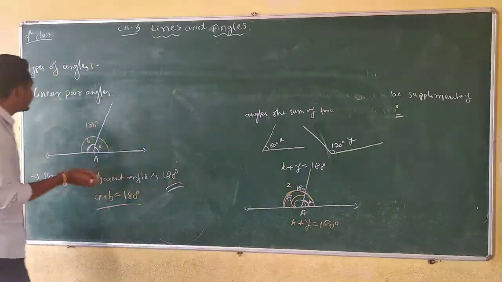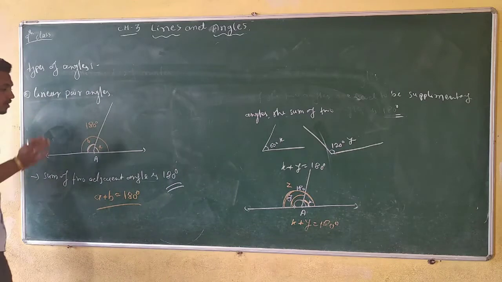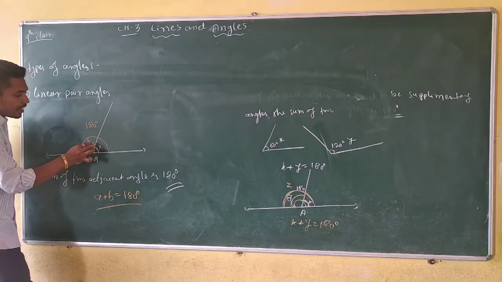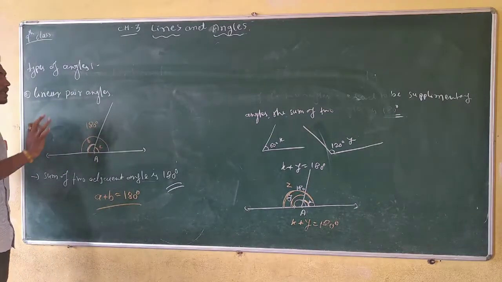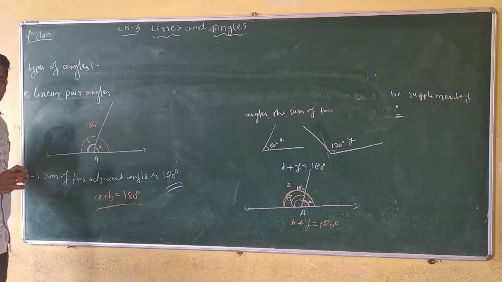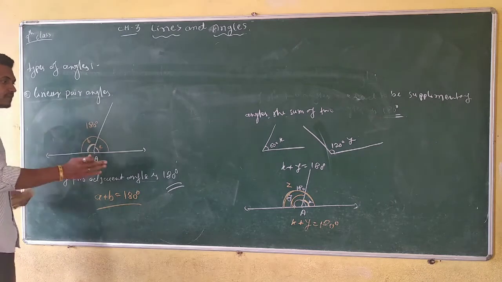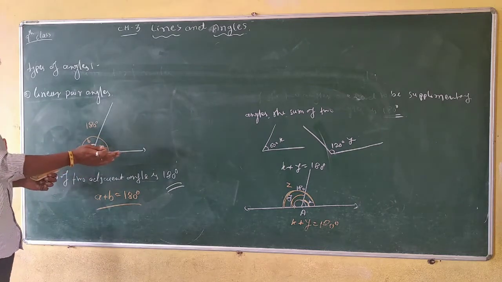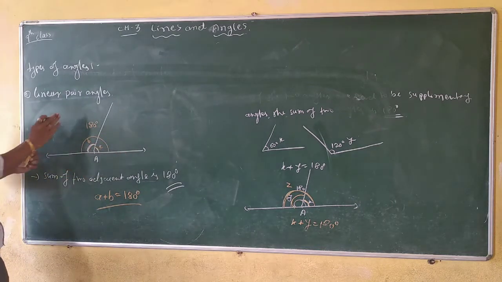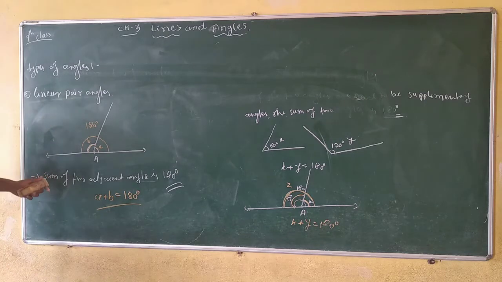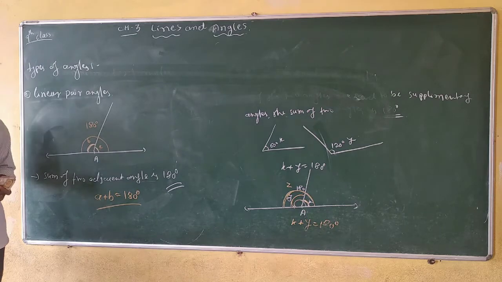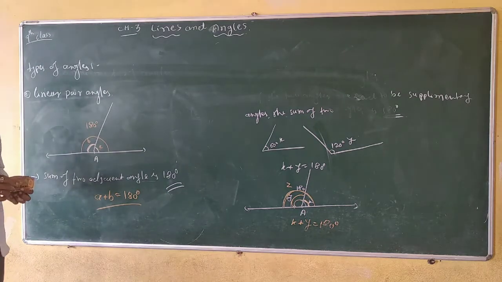But in the case of linear pair, only angle A and angle B are called a linear pair of angles. So that is the difference between supplementary angles and linear pair of angles. What is a linear pair of angles? The sum of two adjacent angles is 180 degrees.